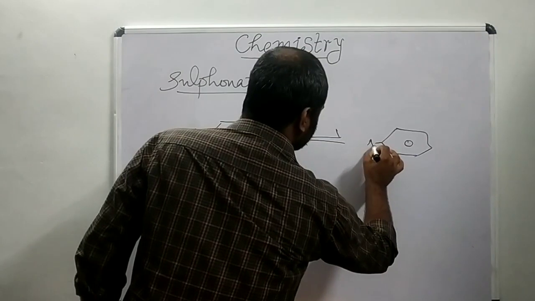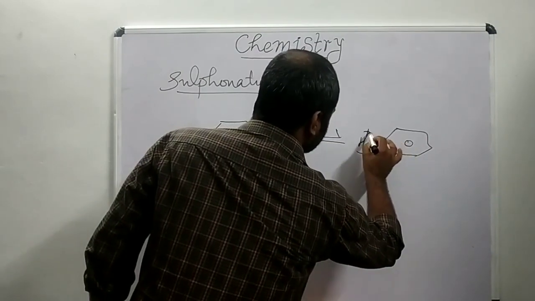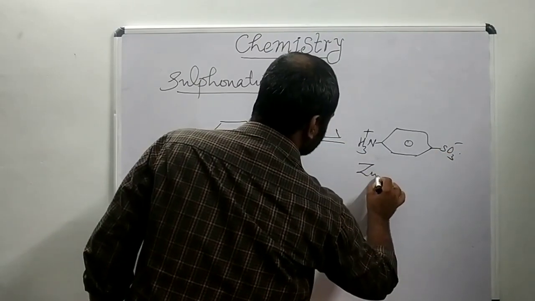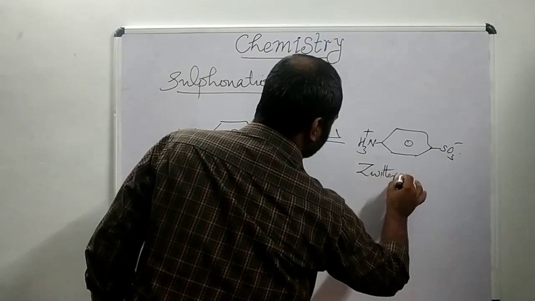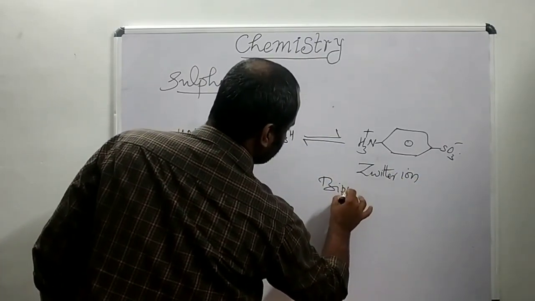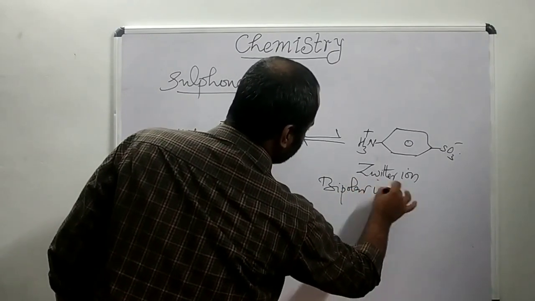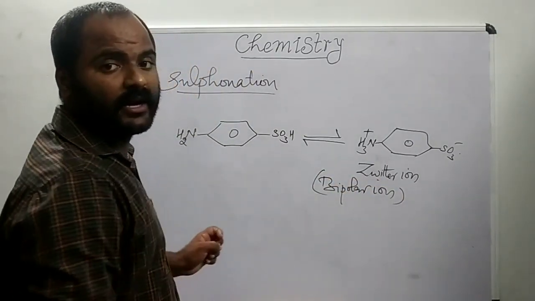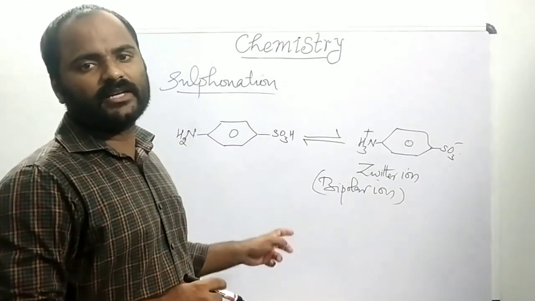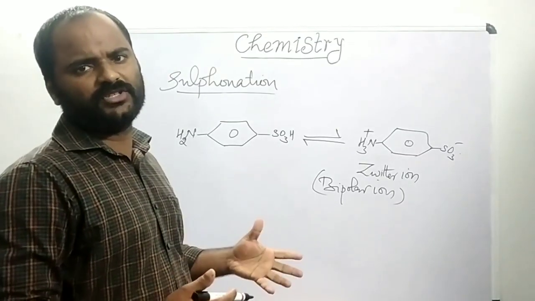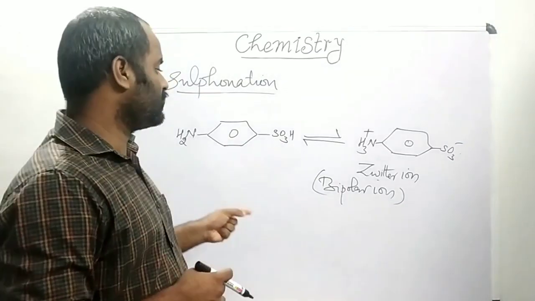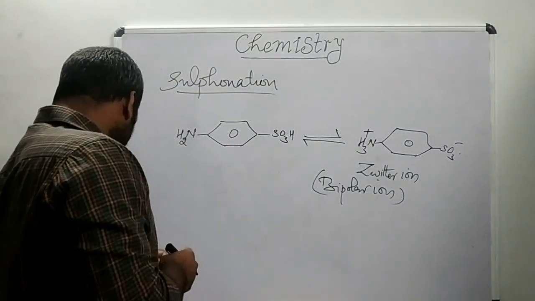This is NH3 plus and this one becomes SO3 minus. It is known as a zwitterion. Zwitterion means a bipolar ion, that means both positive and negative charges are there. Clear?